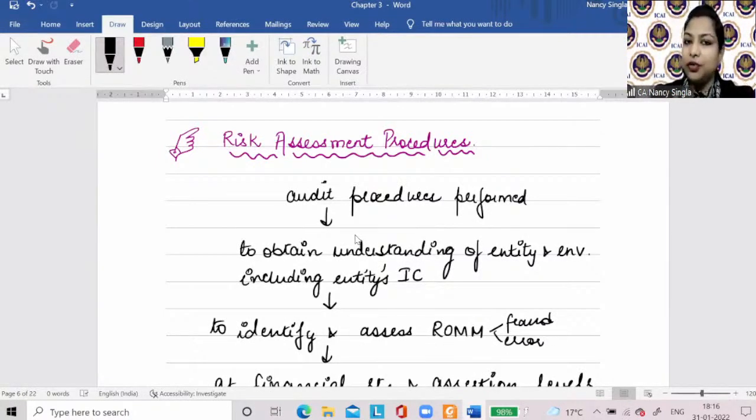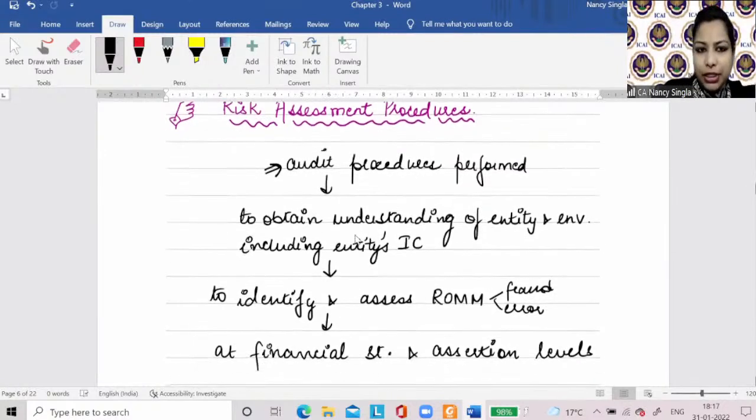Students, if you remember, I told you that the definition of risk assessment procedures, test of controls or substantive procedures starts with the words: these are audit procedures. Because now we all know that these are almost the same, depending upon the purpose for which we are using them. So what are risk assessment procedures?